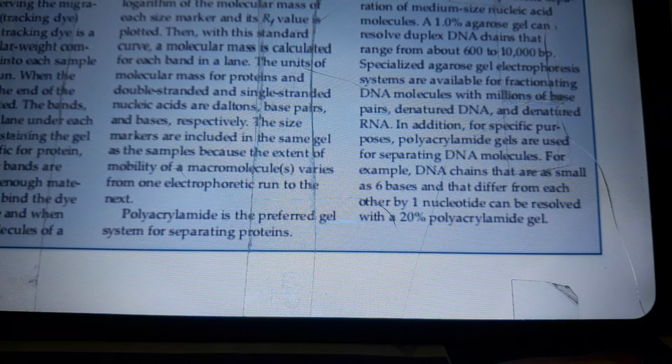Specialized agarose gel electrophoresis systems are available for fractionating DNA molecules with millions of base pairs, denatured DNA, and denatured RNA. In addition, for specific purposes, polyacrylamide gels are used for separating DNA molecules. For example, DNA chains that are as small as 6 bases and that differ from each other by one nucleotide can be resolved with a 20% polyacrylamide gel.